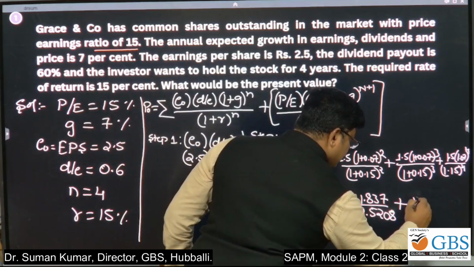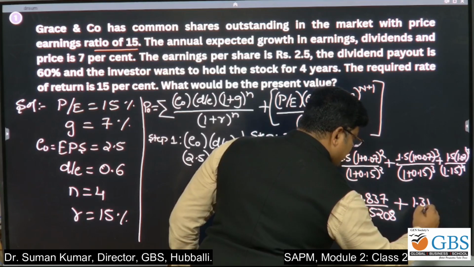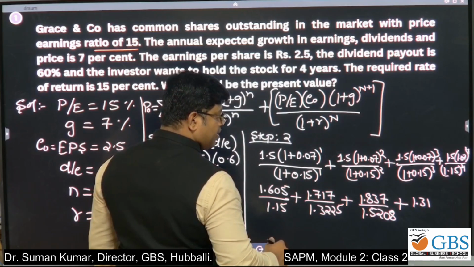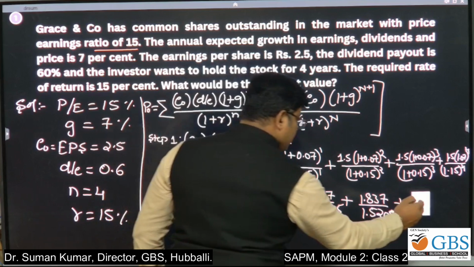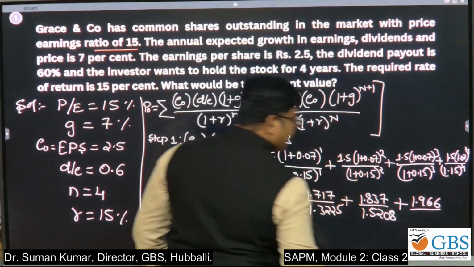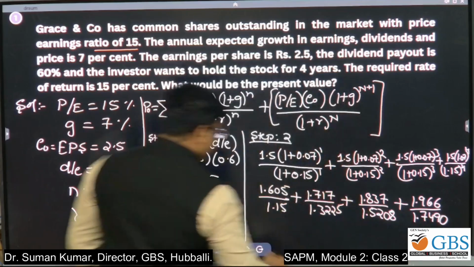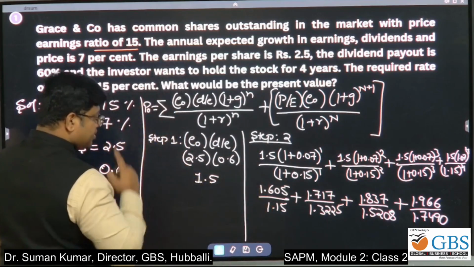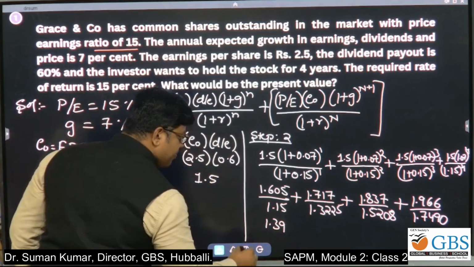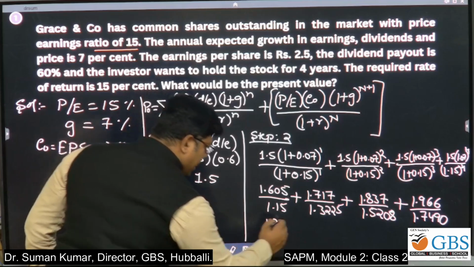Last, 1.966 divided by 1.7490. Okay, divide. 1.39. 1.39, is that all? 95.